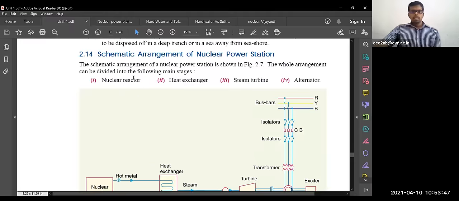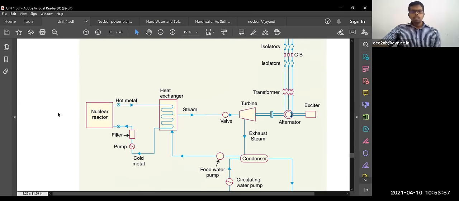Yeah. So this is the schematic arrangement of a nuclear power station. It consists of, as I already said, a nuclear reactor, heat exchanger, steam turbine, alternator, and so on. This is the nuclear reactor, and this is the heat exchanger.